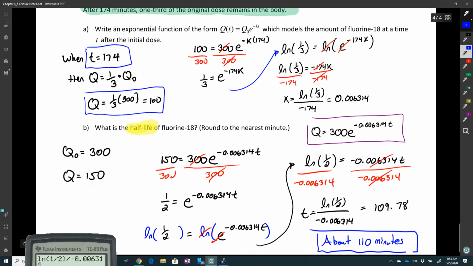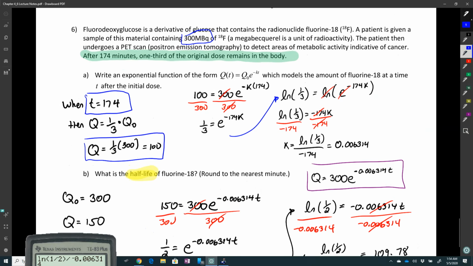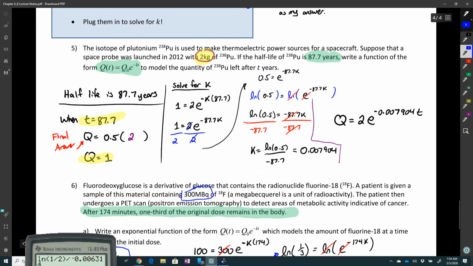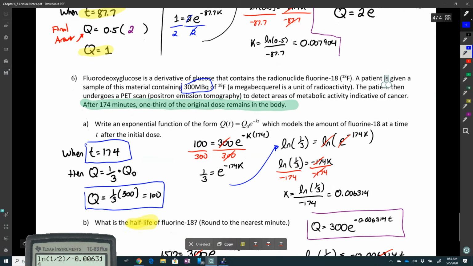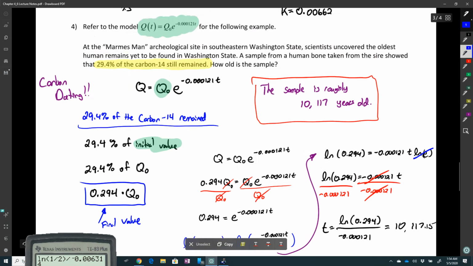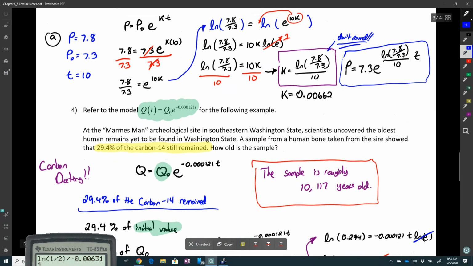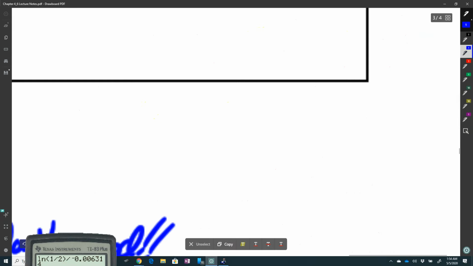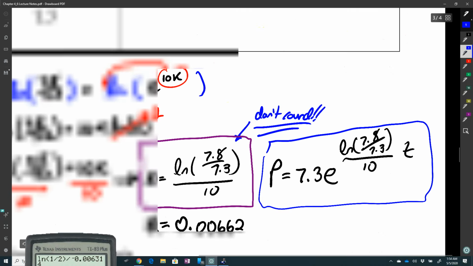Because you are going to see questions like this, and they're going to be very similar to these questions. For example, question 6, that's a good test question. Question 3, ooh, that's a good test question.